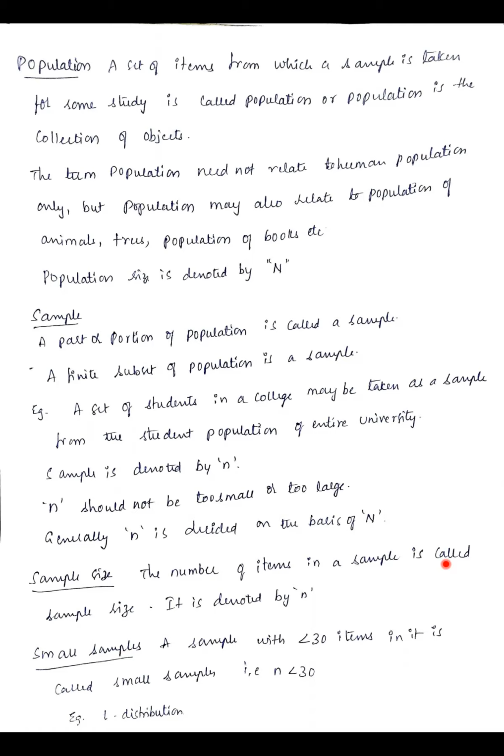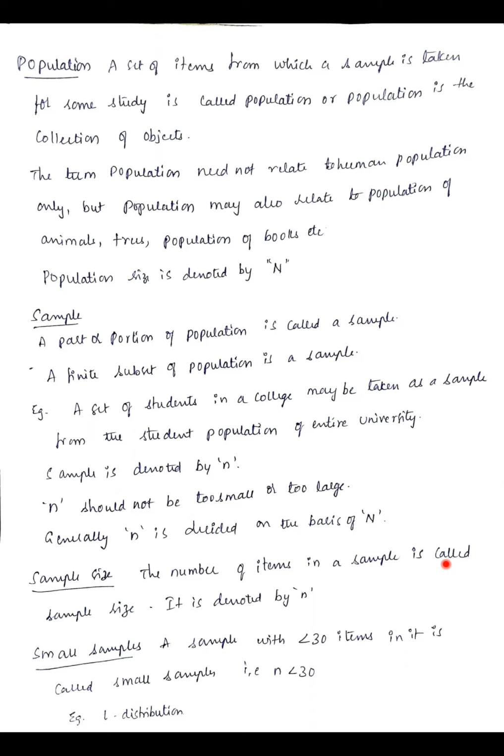For example, a set of students in a college may be taken as a sample from the student population of the entire university. Here the sample size is denoted by small n. n should not be too small or too large. Generally the sample is decided on the basis of the population, that is capital N.